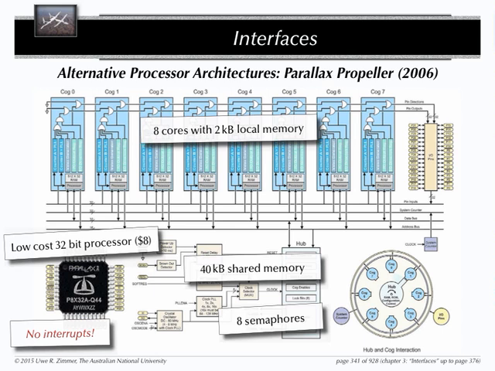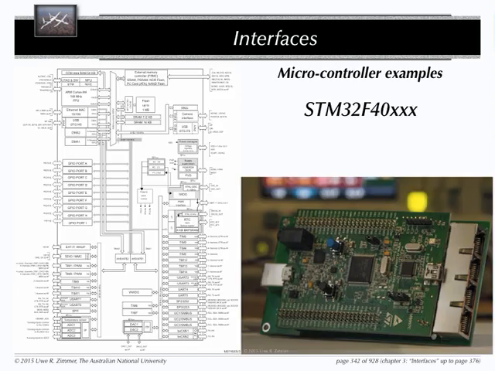Okay. So, and this is the toy which you will be playing with, the STM32F4 or F40. Same thing again. You have to start looking on this diagram to actually find the CPU. Found it?